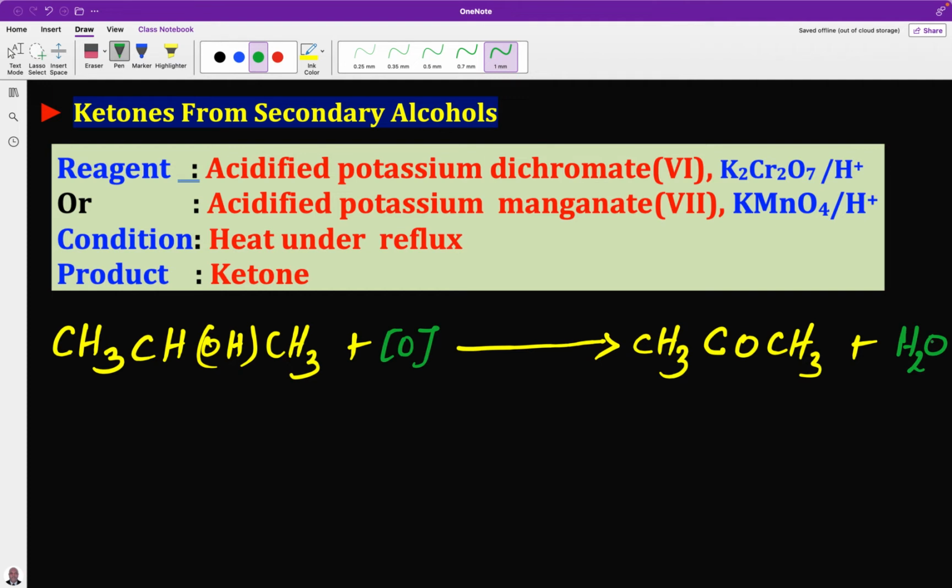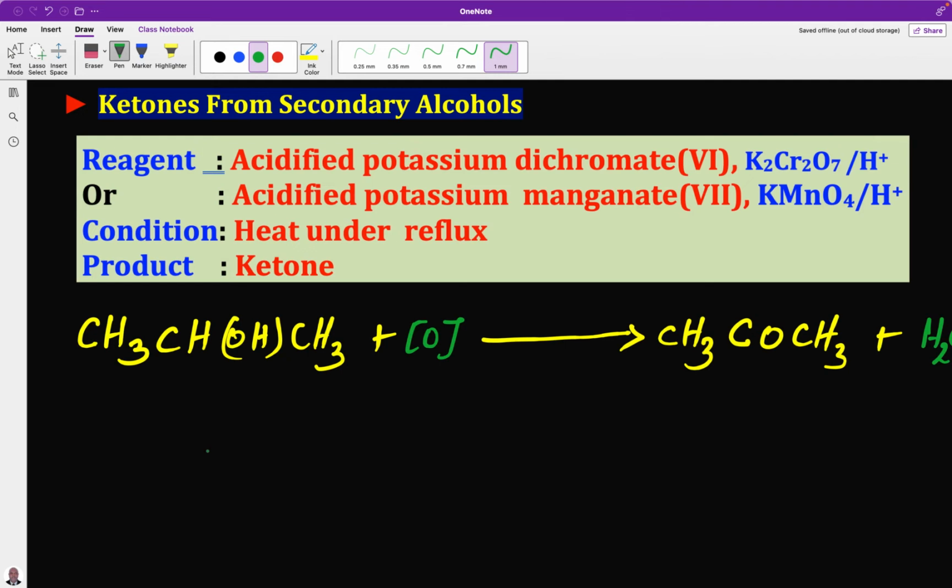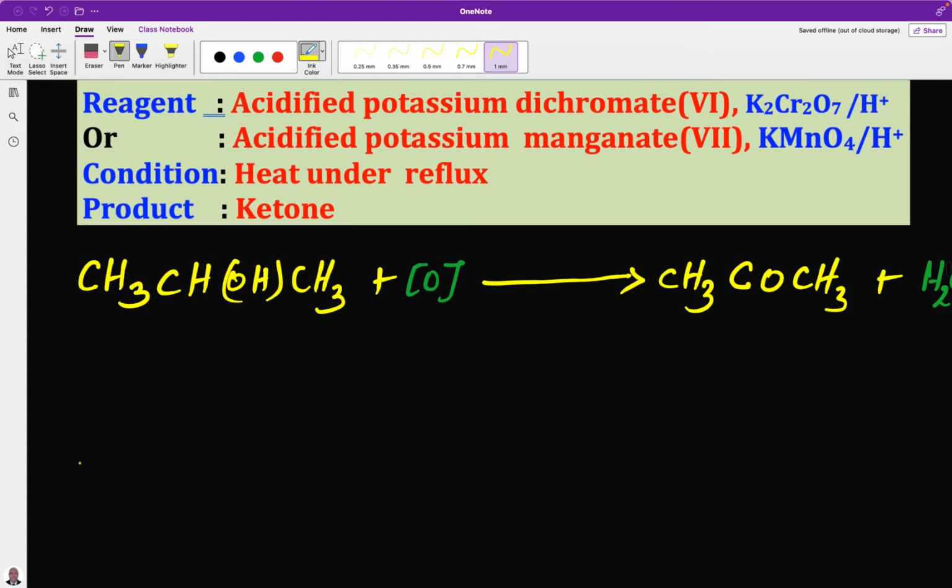Now I can go further to show how the bonding, how the oxidation is taking place. From this structure, you can see that it is propan-2-ol, that is CH3, CH3.